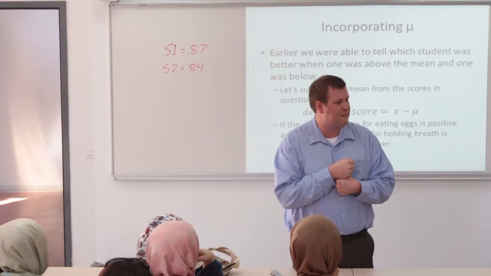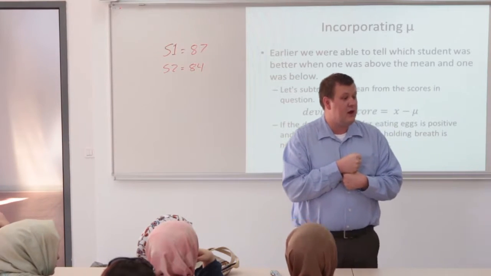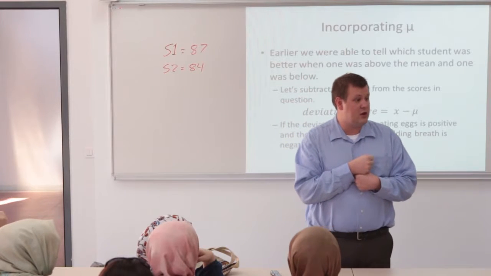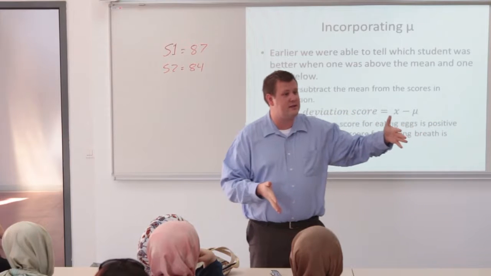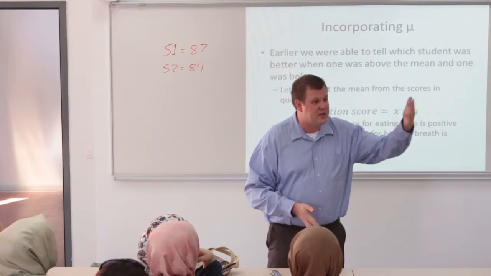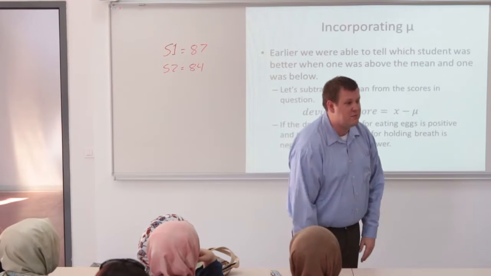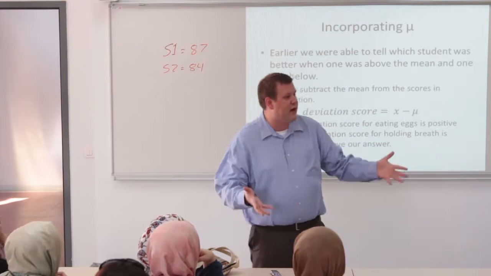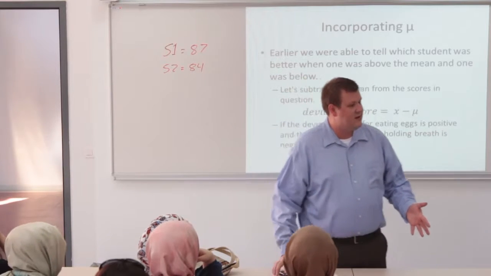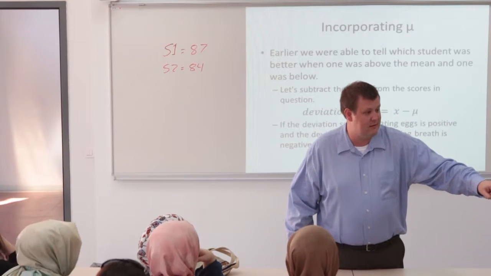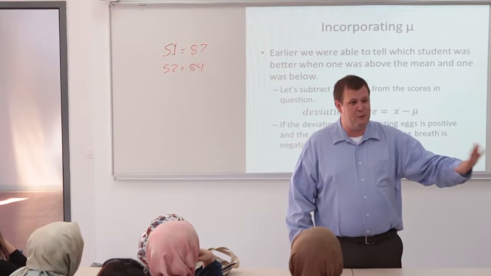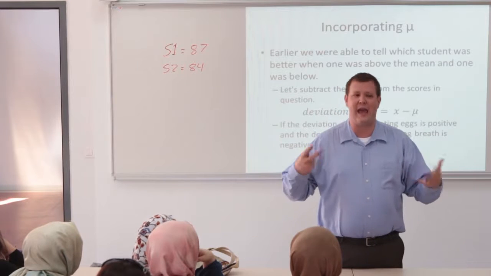But we don't know the mean. We might know the mean. You could look up, like in eating contests, they have records of this person ate this many hot dogs, this person ate that many eggs, so they have records for this type of stuff, okay? And you're absolutely right. If we don't have the mean, we're going to be in big trouble. But for right now, we're going to assume that we have the mean.